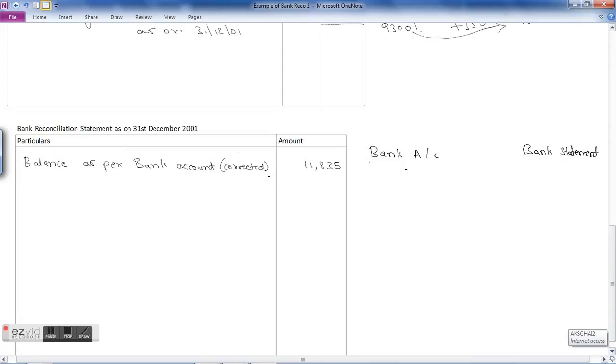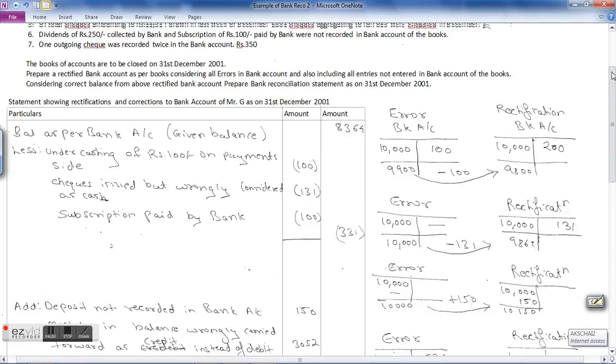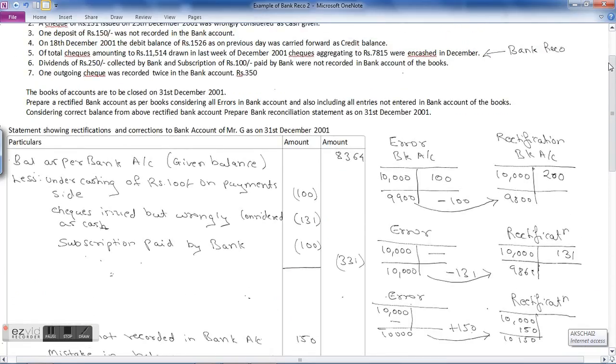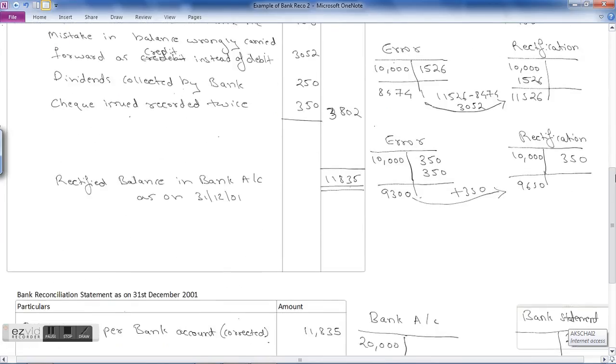As per bank account, we'll assume that there is a debit balance of say 20,000, and as per bank statement, the same credit balance of 20,000. Checks issued were 11,514, but only 7,815 were encashed.